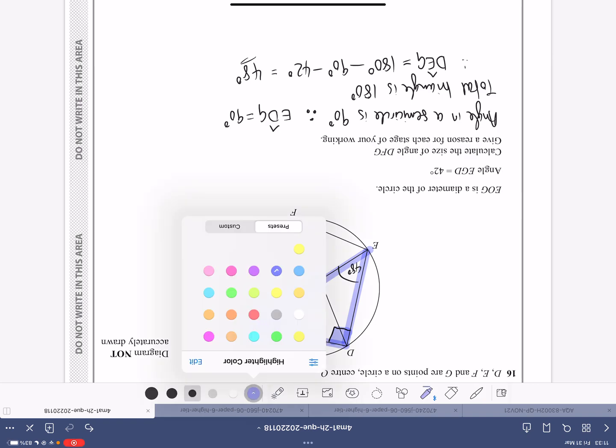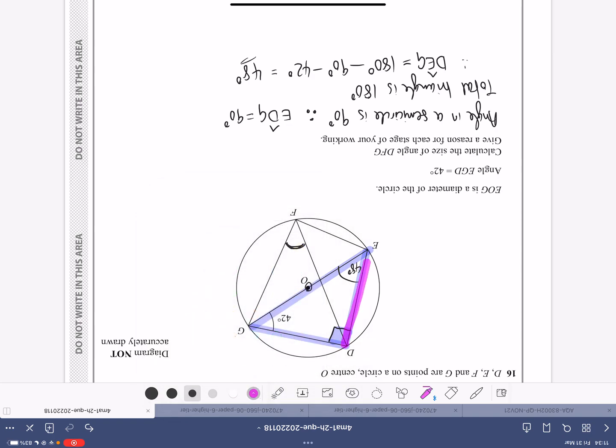And now, if you've got that angle there, that's going to match that angle there, because if we start at D, go to the circumference and back to G, and this is the large segment, we can say D to F to G, they're the same. So that line there is the same as that one there.